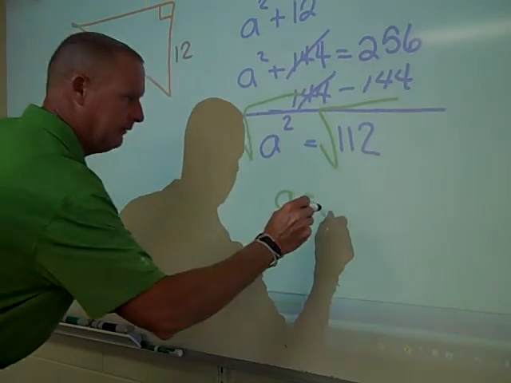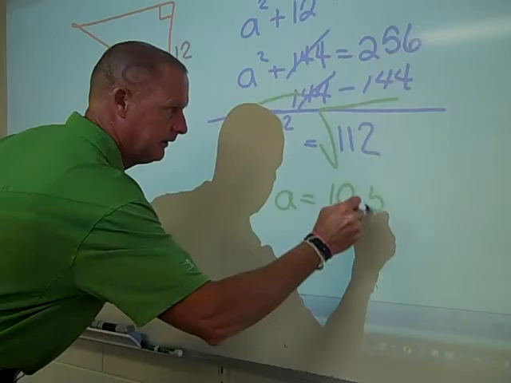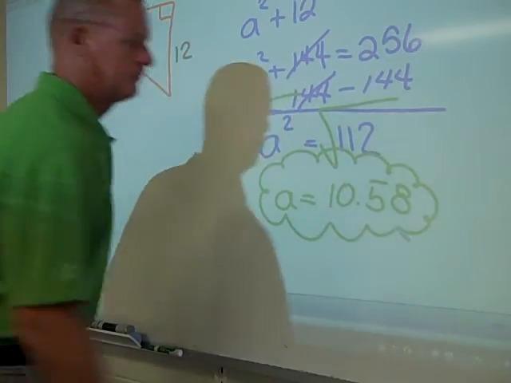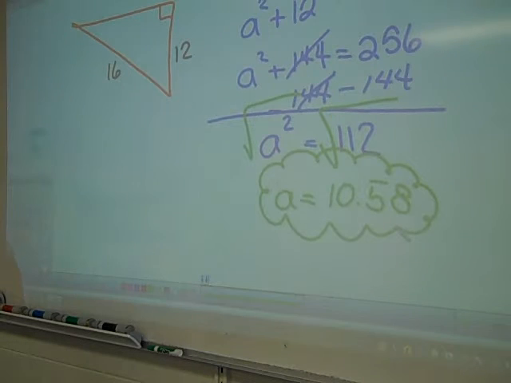How many people have the answer of 10.58? Who didn't get 10.58? My answer went straight to 11. I did the square root of 112 and it went straight to 11.